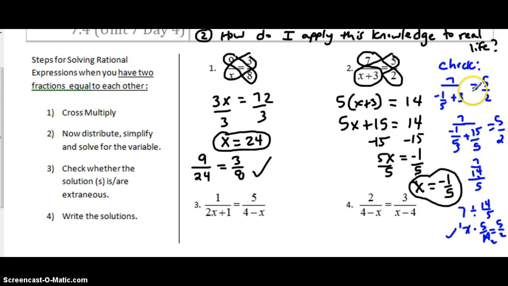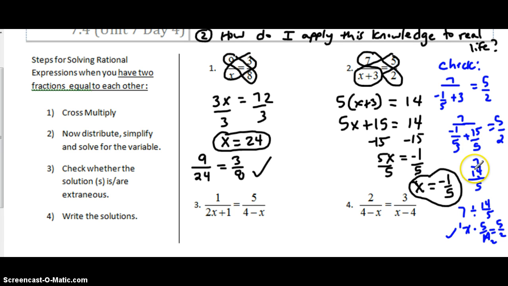When you plug in -1/5, you have 7 divided by -1/5 plus 3 equals 5/2. We have to simplify this rational expression to see if we get 5/2. First you combine the denominator so it's one fraction: 3 is equal to 15 over 5, and adding these gives 14 over 5.